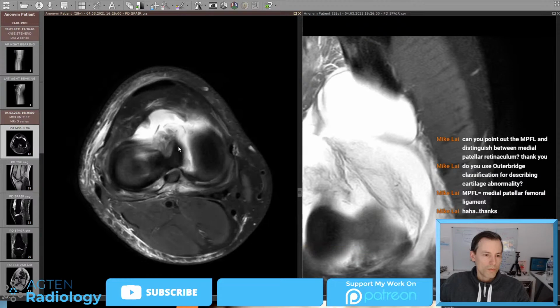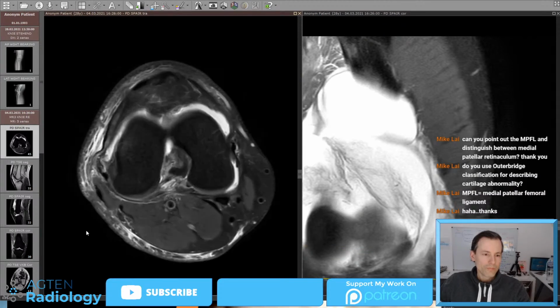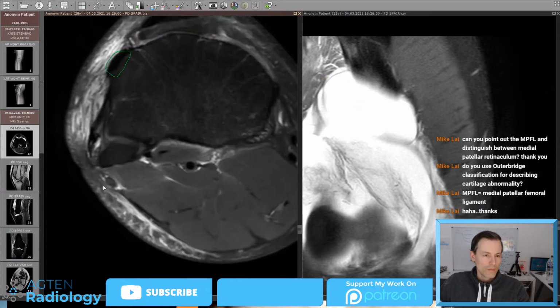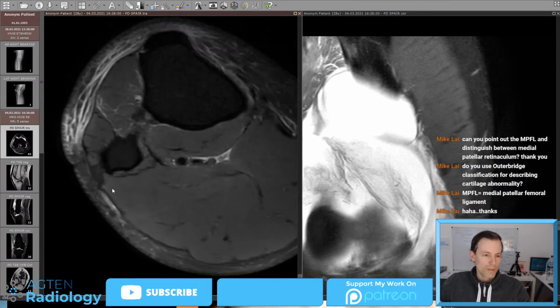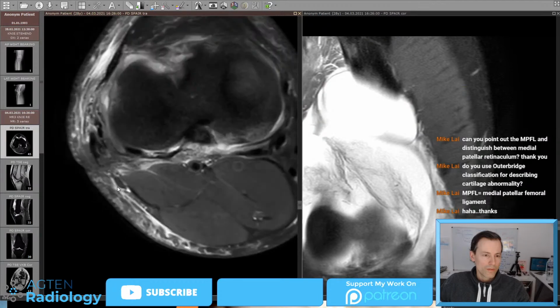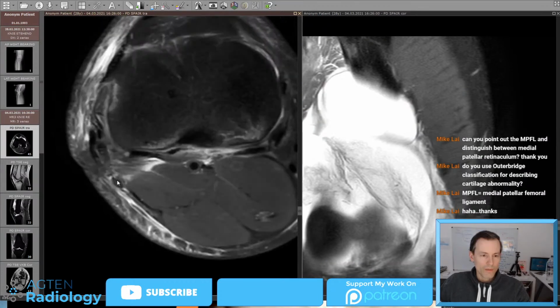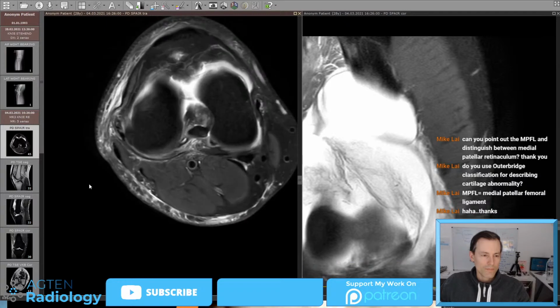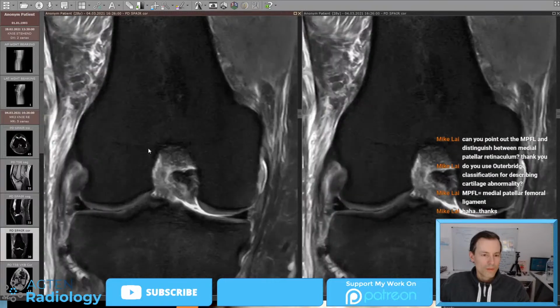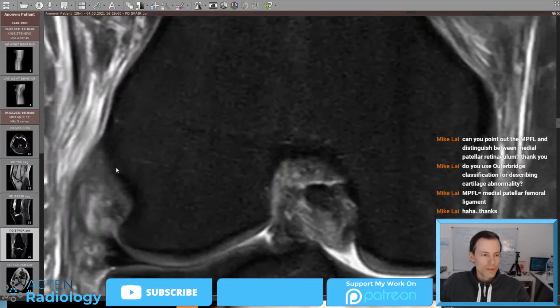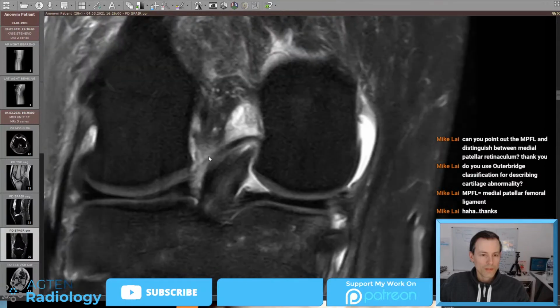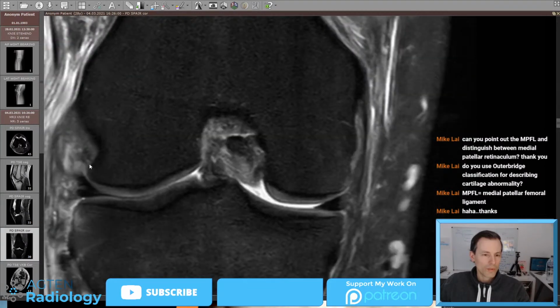And what else? It's always good to have a look at the nerves as well. Common peroneal nerve here. We don't see a lot going on there. And I think that's all for the lateral side. Now moving on to the central compartment. Obviously, and we have discussed this already in the beginning, we have a full thickness ACL tear, so there's nothing going down here.